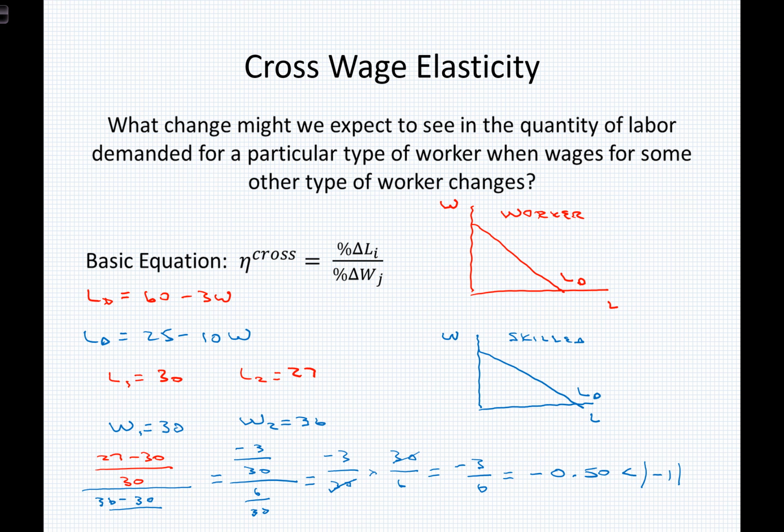Well, we don't necessarily know what kind of workers these are in this very simplified example. We just know that for skilled worker J, their change in wage has yielded some change in labor units for worker I, so there must be some relationship. They either have some substitutability or some positive relationship, and we'll discuss and explore that in the next segment.